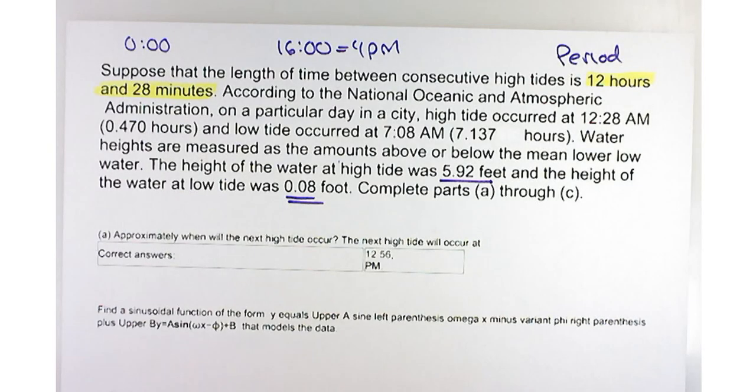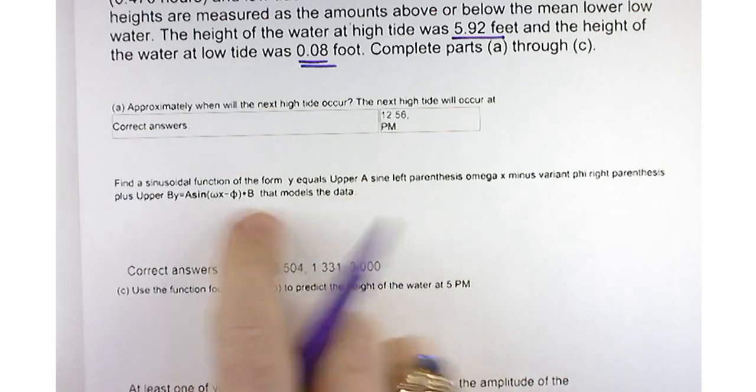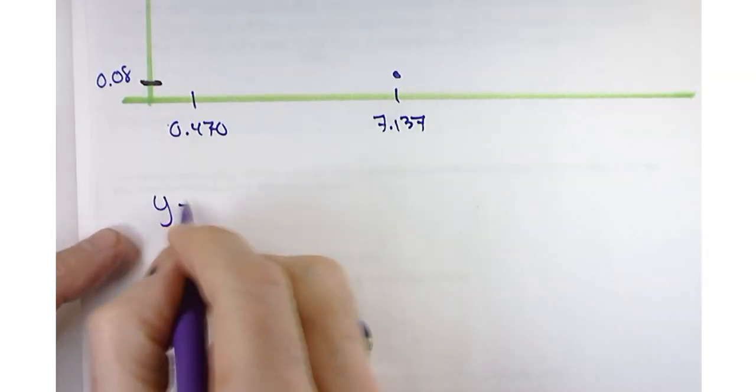So let's see. I think I've got all the relevant data that I need. So the curve that we're going to fit, do they ask us for a sine or a cosine? Let's just use a sine. Yeah, I think they want us to use a sine, something of this form. Now I'm going to write mine a little different than the book does.